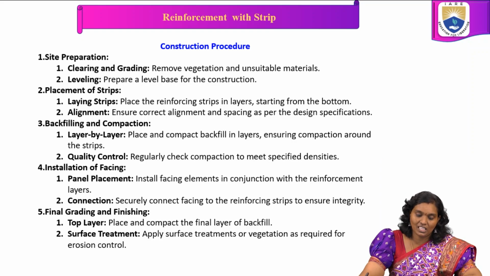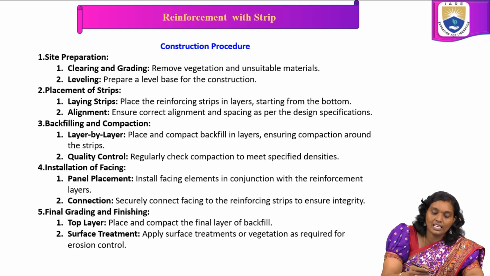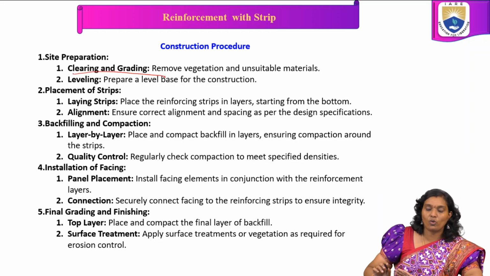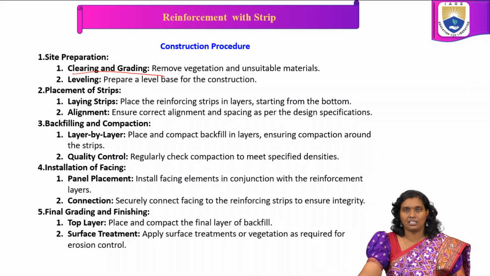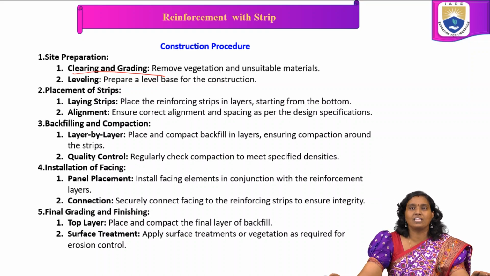In site preparation, we do clearing and grading. As per the design considerations, we know which type of design is going to be used for the strip reinforcement. From that point of view, we have to remove any unsuitable materials and vegetation, and clear and ready the site.